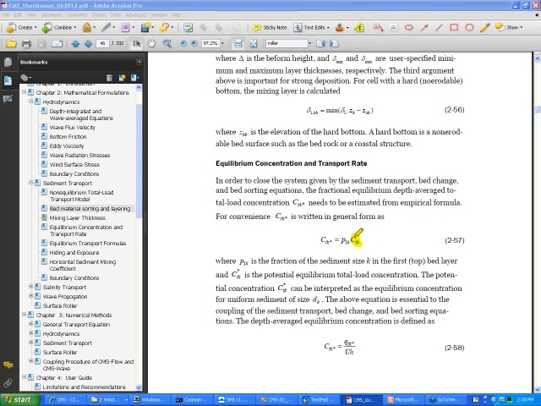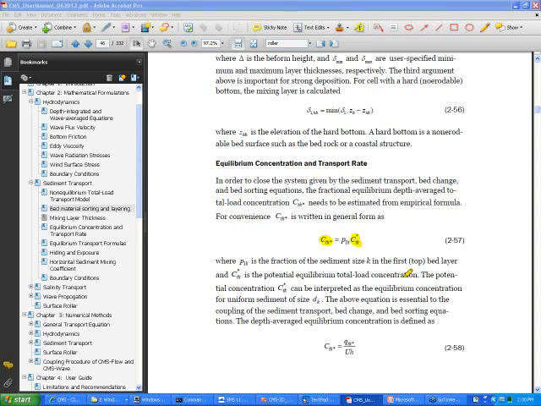This is how much concentration you would have for a size class if there were no other size classes involved, basically. But because you only have a fraction of that size class in your total transport, then your fractional equilibrium total load concentration capacity is given by this one here.